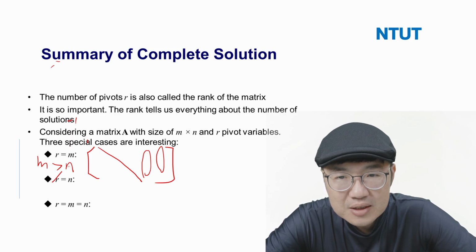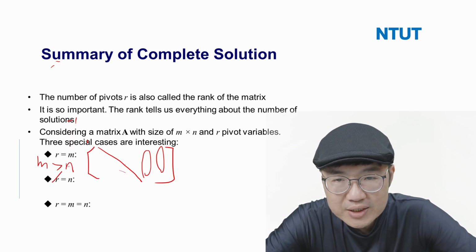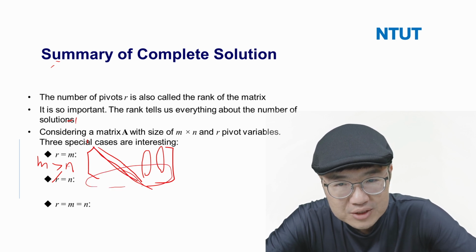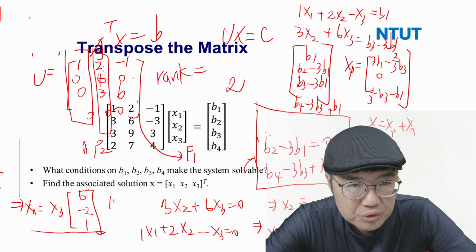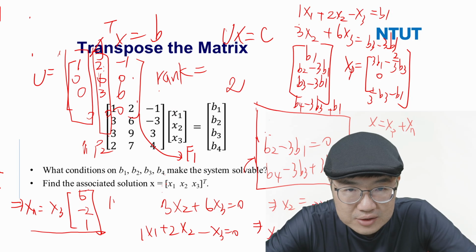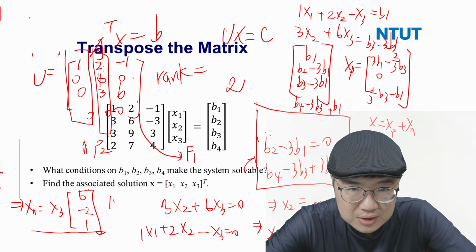We don't care. But when r is already m, yeah, there is no more zero row. Yeah, if we go back to all the previous scenarios, the condition to have a solution is b must be in the column space, right?